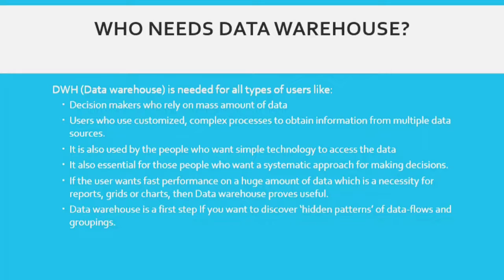It is an essential for those who want systematic approach for decision making. If the users want fast performance on huge amount of data which is necessary for reports, grids or charts, then data warehouse proves to be useful. A data warehouse is the first step if you want to discover hidden patterns of data flows or grouping.